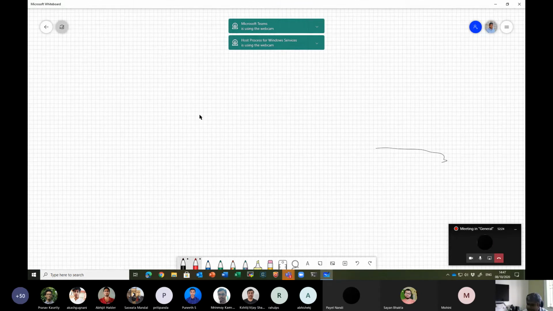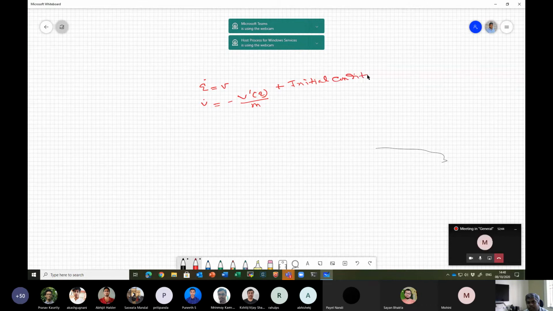So basically, what I was saying is q dot is equal to v, you have one equation, and another one is v dot is equal to minus V prime, which is a function of q, divided by m. With this initial condition that we have, if we do this together, we must get a unique solution.